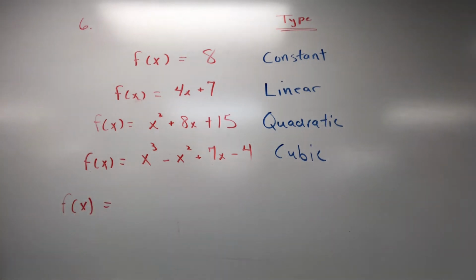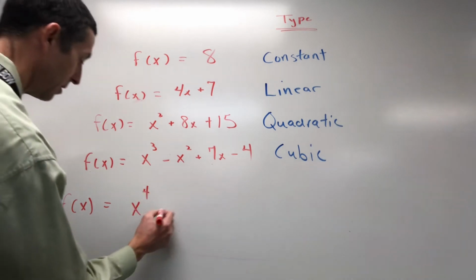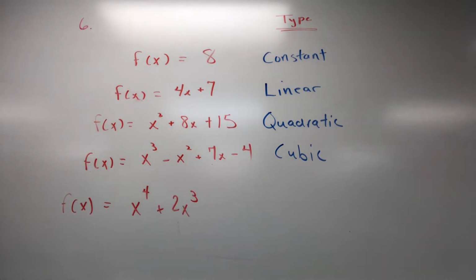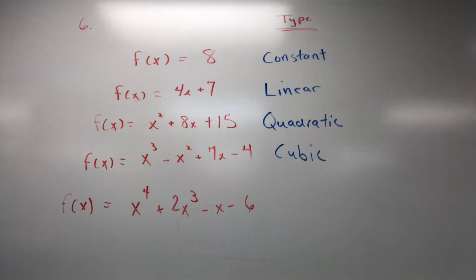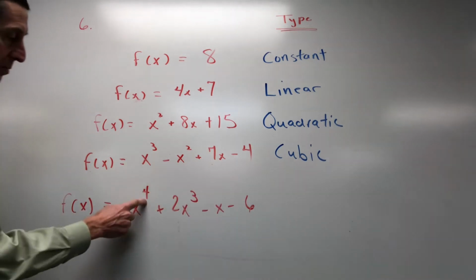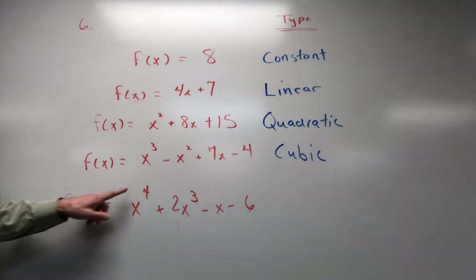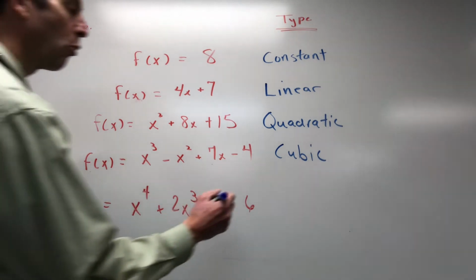So f of x is equal to x to the fourth plus 2x cubed minus x minus 6. Okay, so one more. It's in descending order. My largest power is a 4. When that happens, the largest power is a 4, this gets labeled as a quartic.